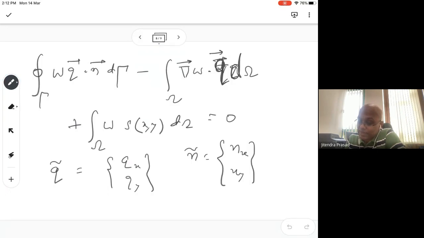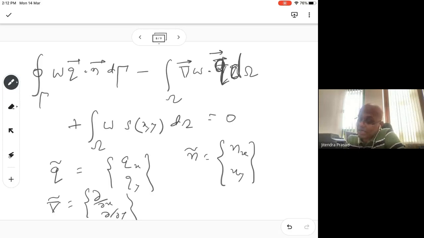Then we can also define del tilde as del over del x, del over del y.